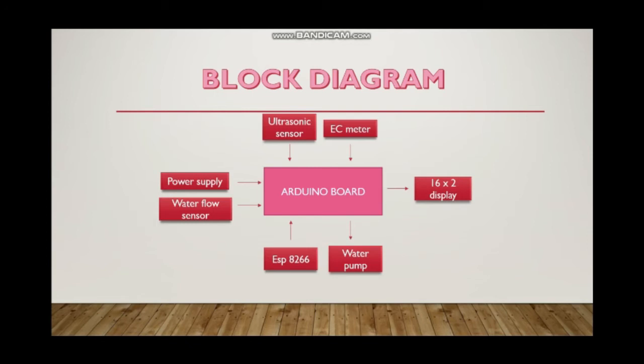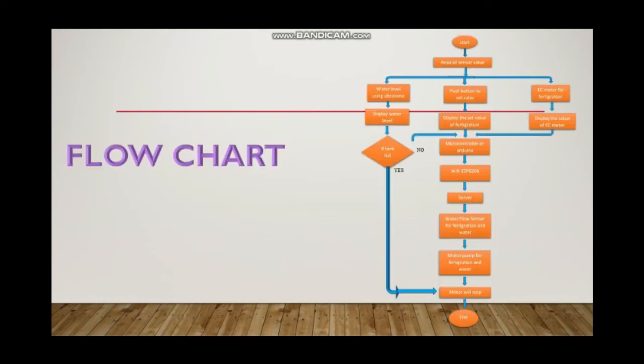Next, I will explain about the flowchart. For the flowchart of the project, I will explain from the top. Firstly, it will start with the power supply. Second, the Arduino will read all the sensor values. This part will split into three.